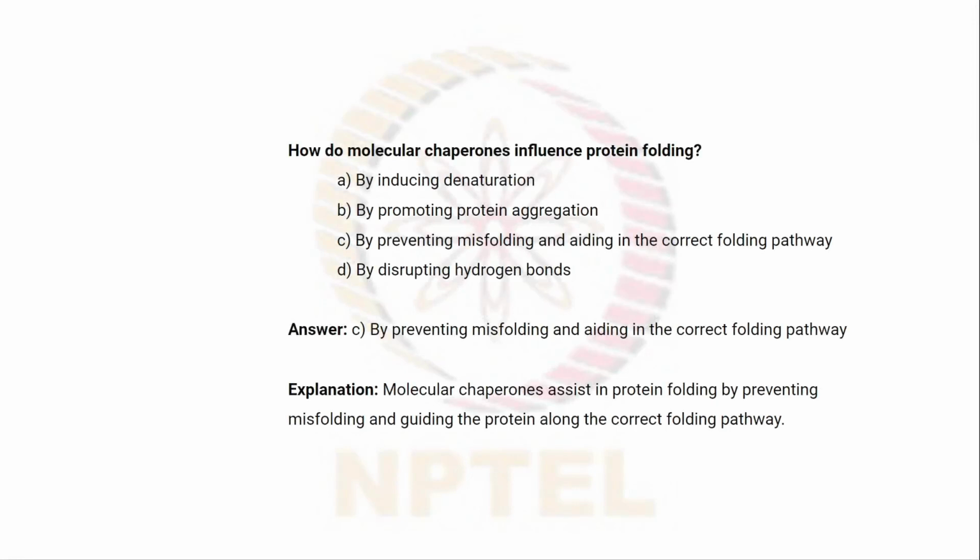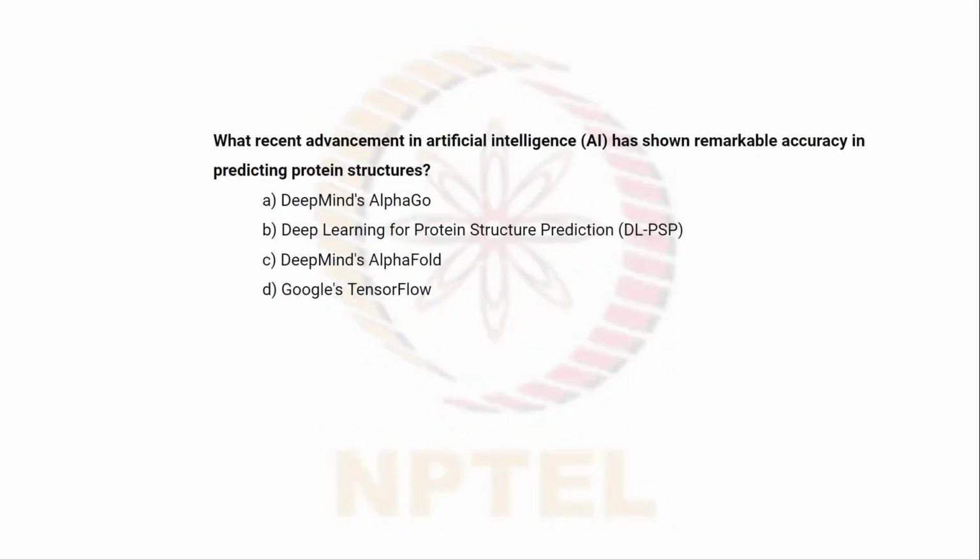Molecular chaperones assist in protein folding by preventing misfolding and guiding the protein along the correct folding pathway.